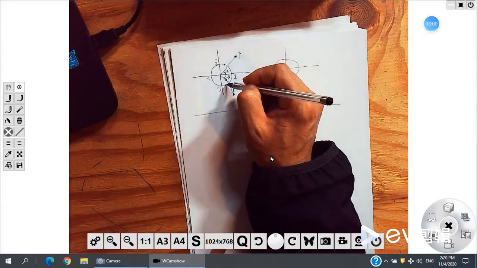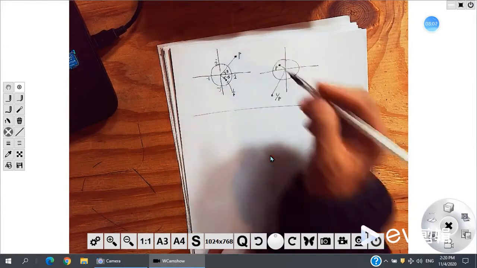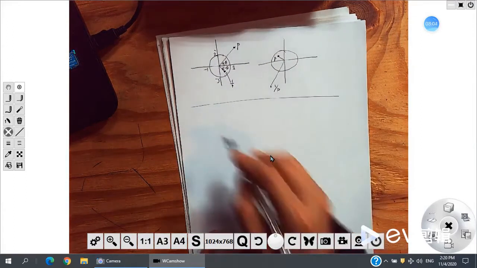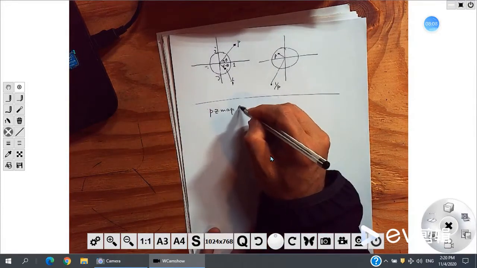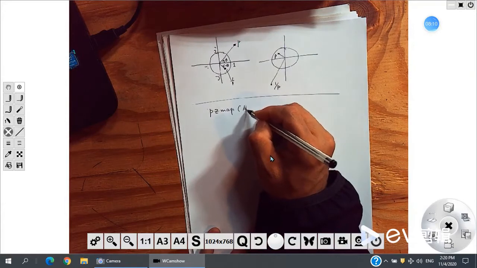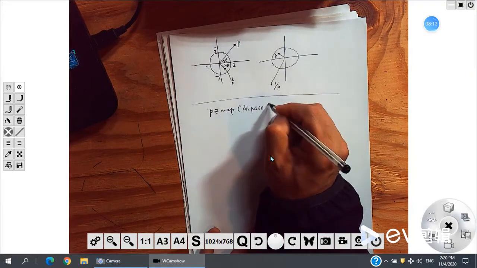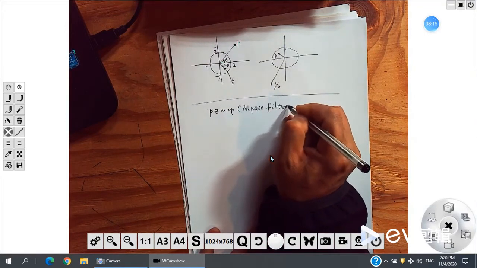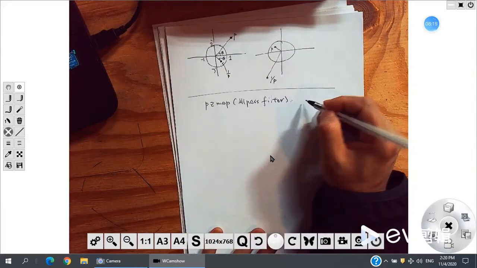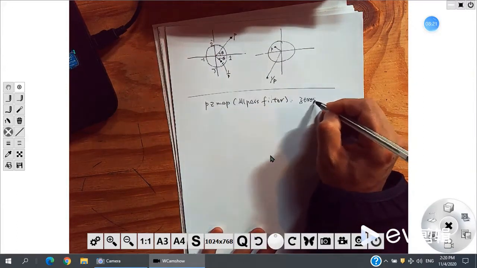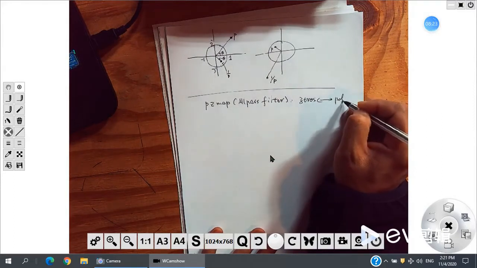All right, so this is for all-pass. There's a PZ map of all-pass filter. As it appears, zeros and poles, they are pairs.